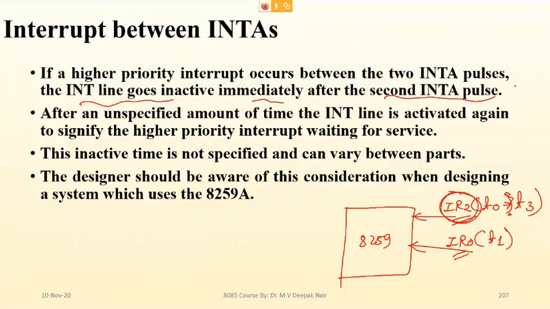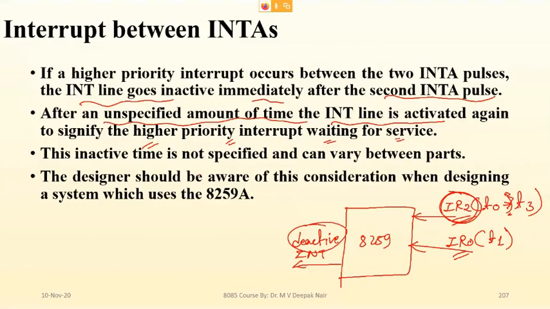So before the third INTA, the interrupt line will go inactive. The interrupt will not be served. After an unspecified amount of time, there is no specific time, the INT line is activated again to signify that a higher priority interrupt is waiting for service. So IR2 will not be served. Rather, for an unknown time period, the INT line will become deactivated.